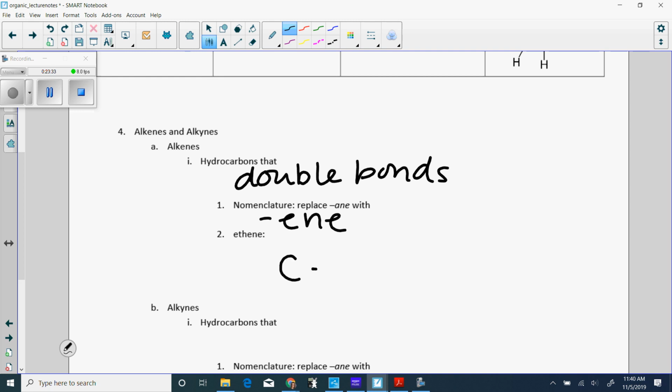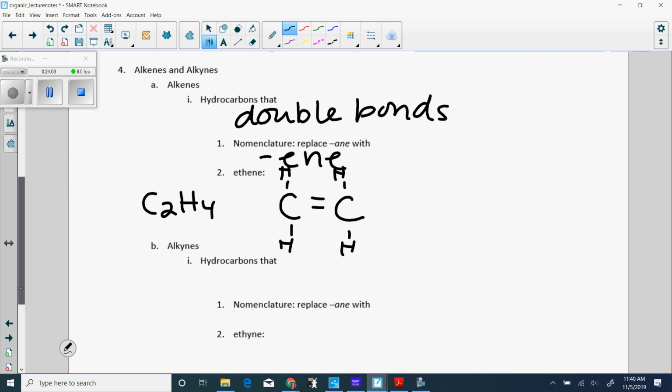Ethene, eth is 2. Ethene means it has a double bond. But carbon still only gets 4 bonds. So that means in total, it only has 4 hydrogens. How do I know? I draw it and I count it. 1, 2, 3, 4. 1, 2, 3, 4. Carbon can only have 4 bonds, so that leaves us with only 4 hydrogens.